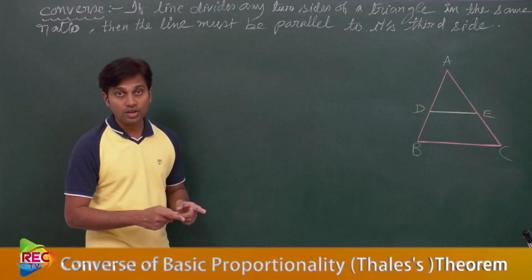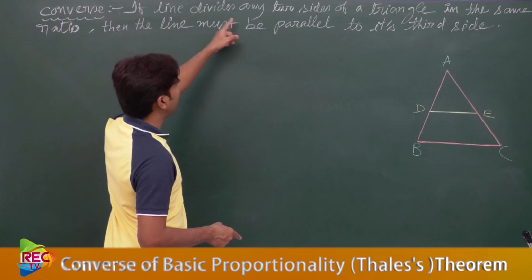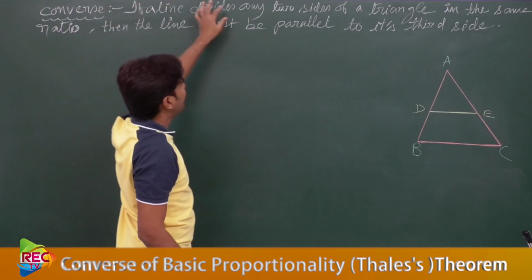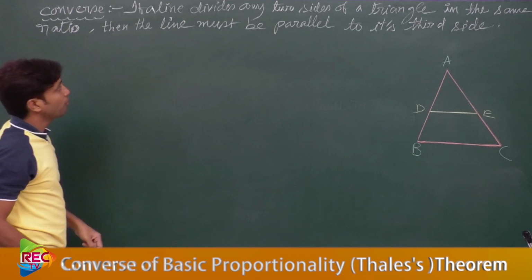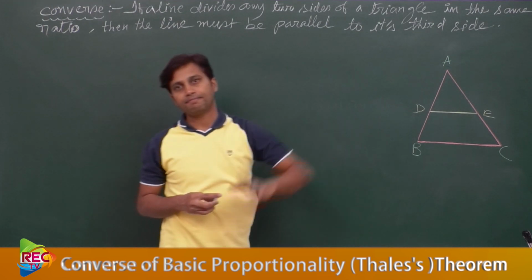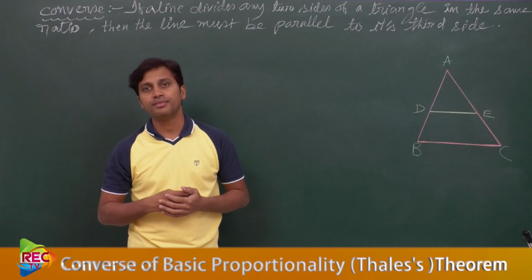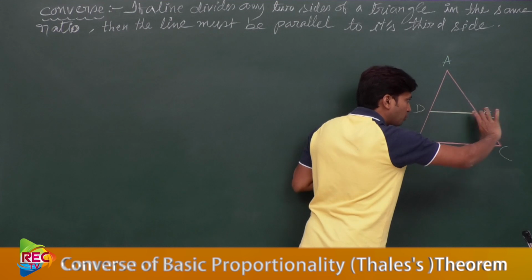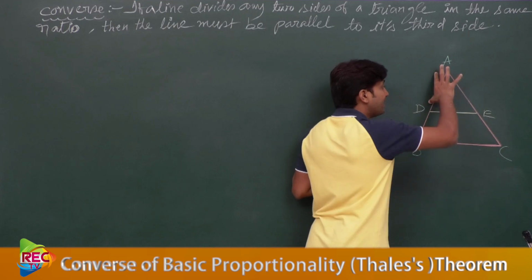Now, it is the converse of Thales theorem. What does it say? If a line divides any two sides of a triangle in the same ratio, then the line must be parallel to the third side. What was the basic proportionality theorem? When one line is drawn parallel to one of the sides of the triangle, it divides the remaining two sides in equal ratio.